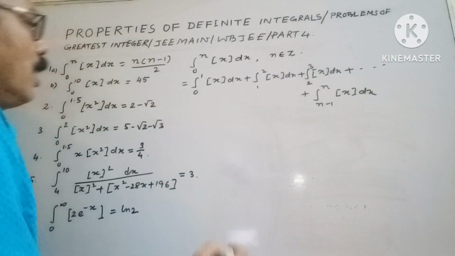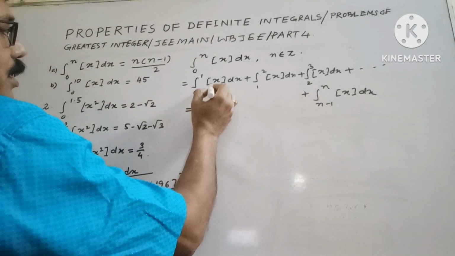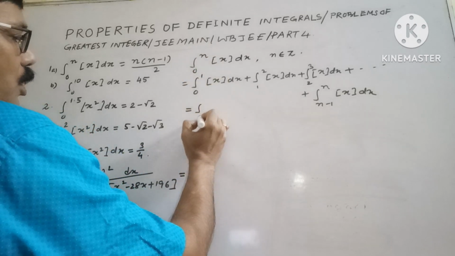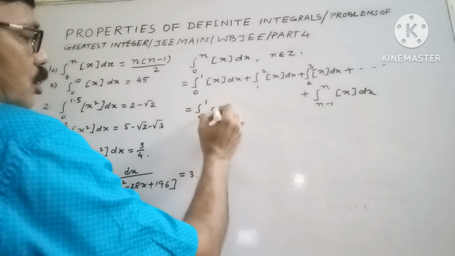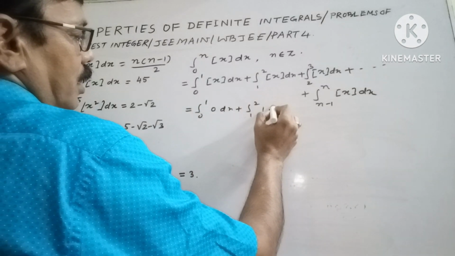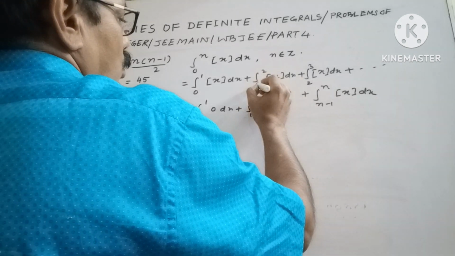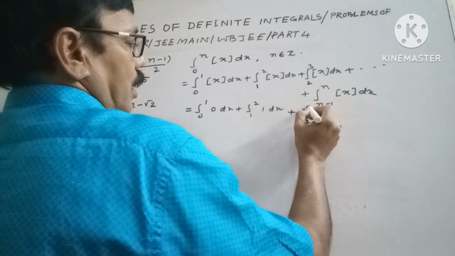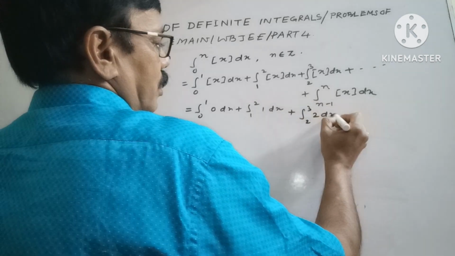Now, in 0 to 1, I have already discussed it. 0 is included, but 1 is not. So, this is integral 0 to 1, 0 dx. In 1 to 2, 1 dx. 1 is included, 2 is not included. Then 2 to 3, 2 dx.